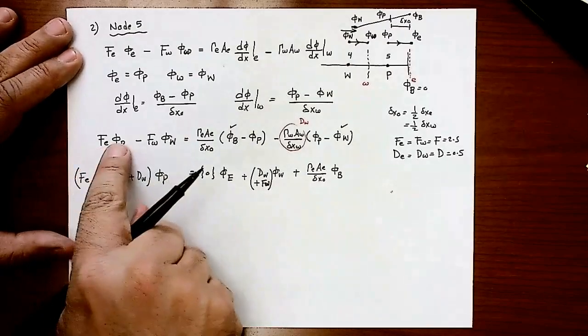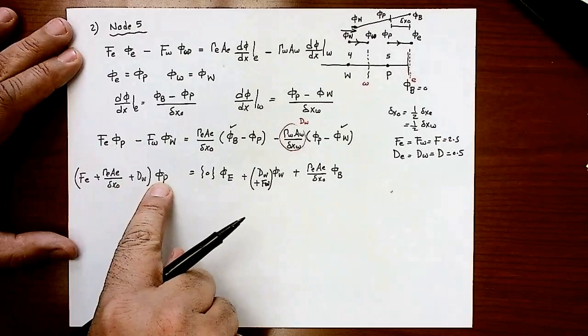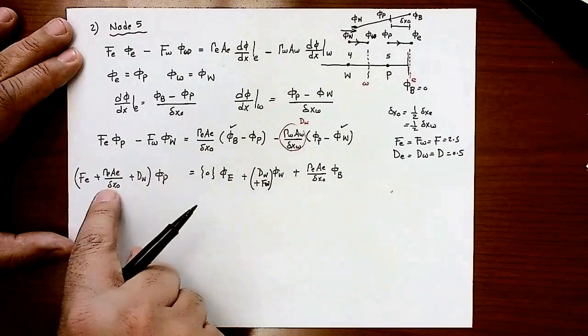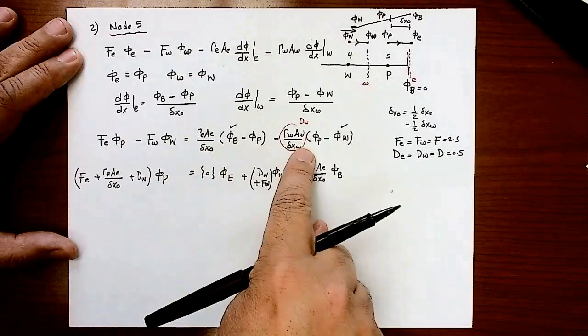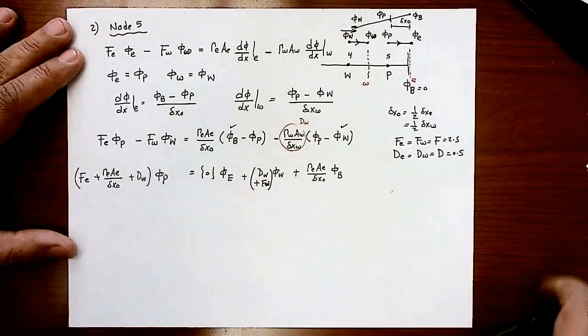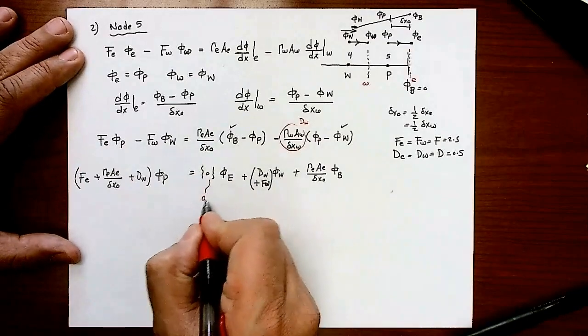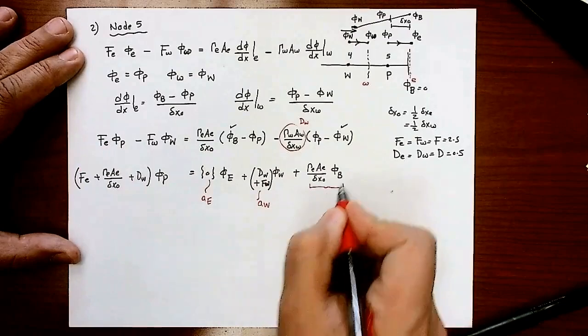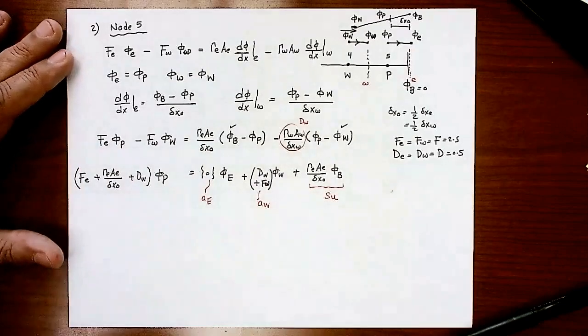I have F east phi P, then this is negative so it becomes positive, kappa east A east over delta x node phi P, and a third positive term, D west phi P. So that's my A east equals 0. That's my A west. This is my SU term.